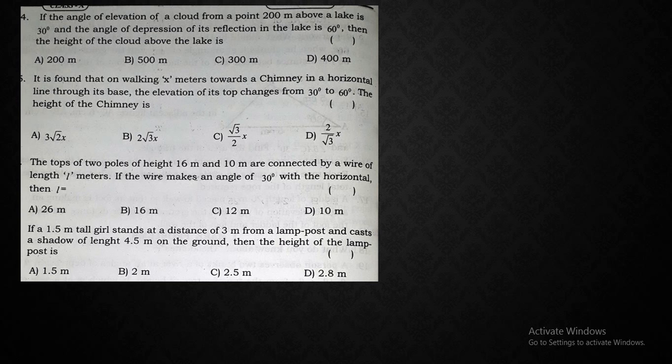If the angle of elevation of a cloud from a point 200 meters above the lake is 30 degrees, the angle of depression of its reflection in the lake is 60 degrees, then the height of the cloud in the lake. So this is 200 meters. The angle of elevation of a cloud from a point 200 meters above the lake, right? Now this is the lake.